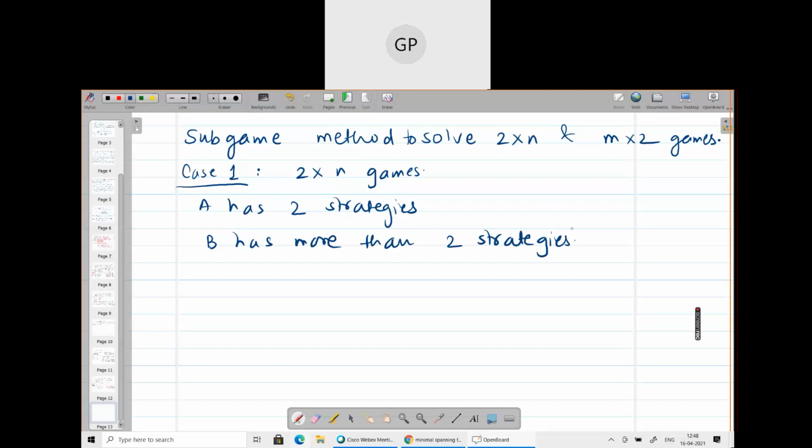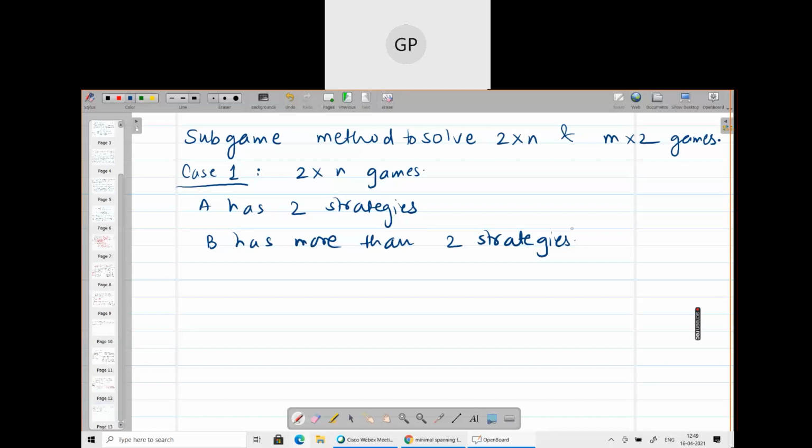There is no big theory involved here. Just logic we have to put in. A has only 2 strategies and B has more. So whose scope is more? Does A have more scope to maximize his gain, or B have more scope to minimize his loss? B has more scope to minimize his loss.